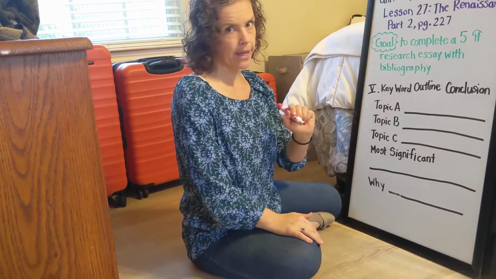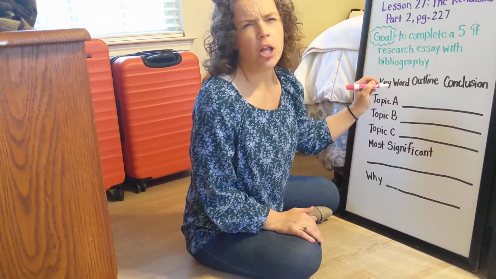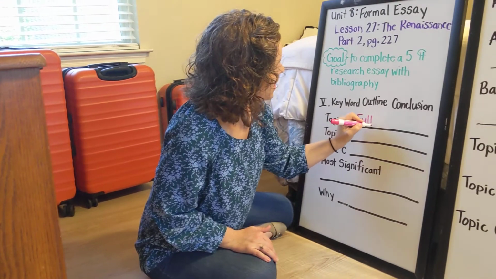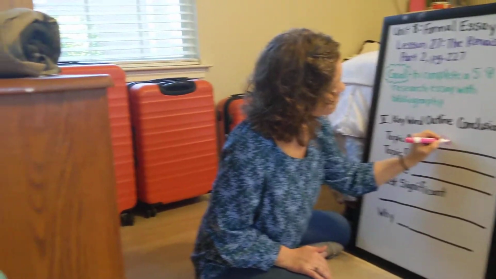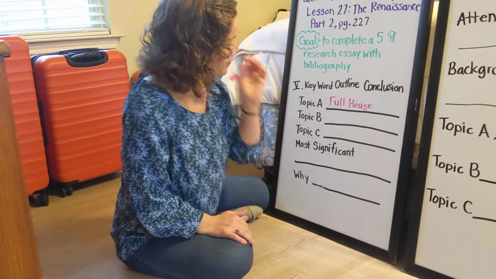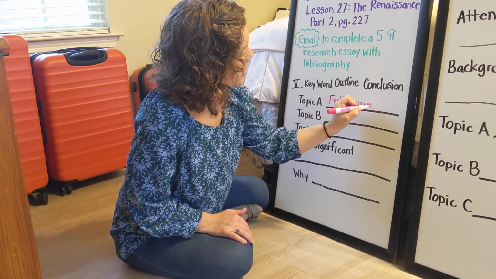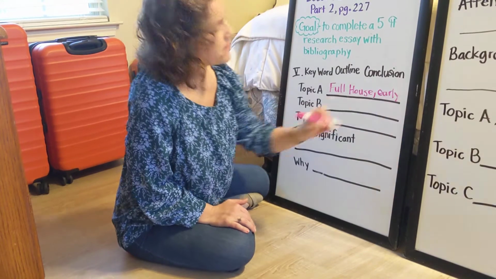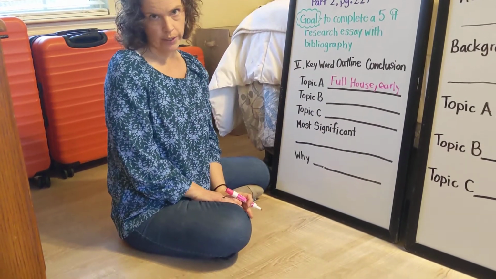Okay, so my topic A will be Full House. That's what we'll pretend was my first body paragraph. I'm going to put early here because that's going to remind me that it is focusing on her early career.